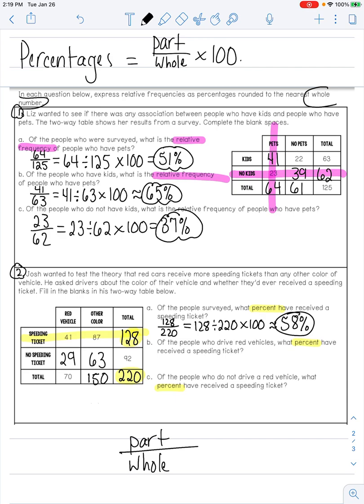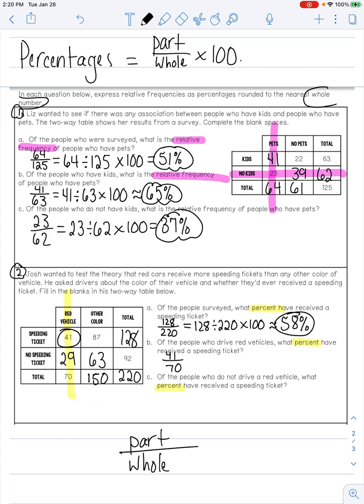Let's do B. Of the people who drive red vehicles, what percent have received a speeding ticket? So let's take a look. How many people have red vehicles? 70. So out of that 70, how many received a ticket? 41. So that's my part out of my whole.